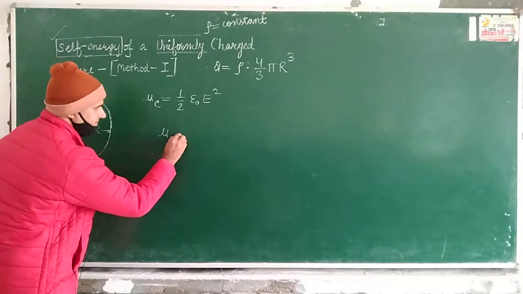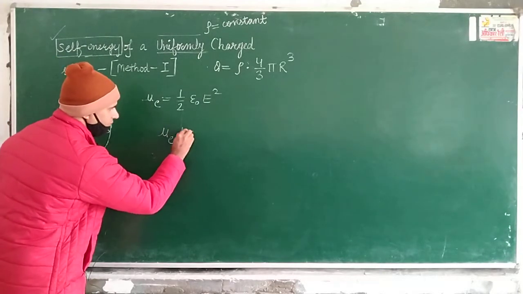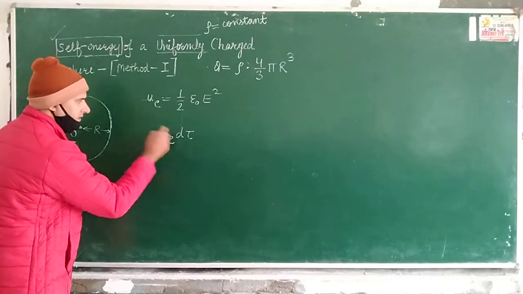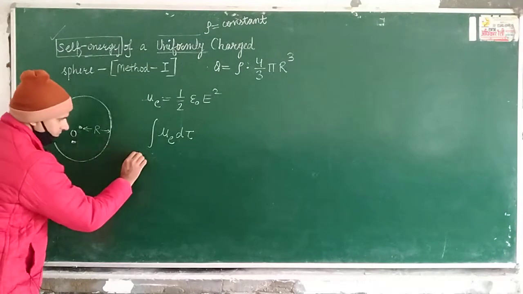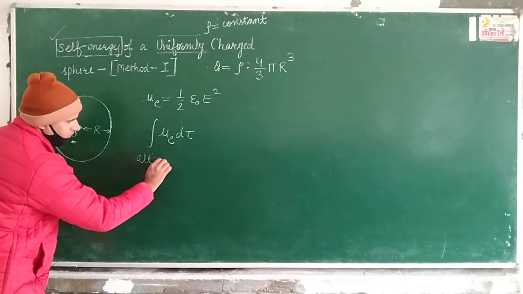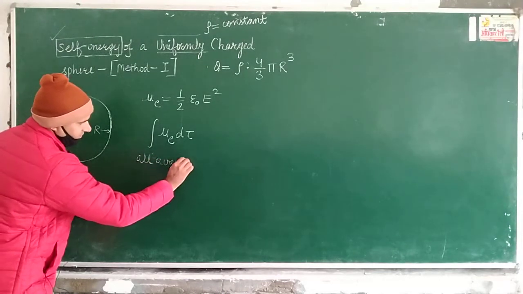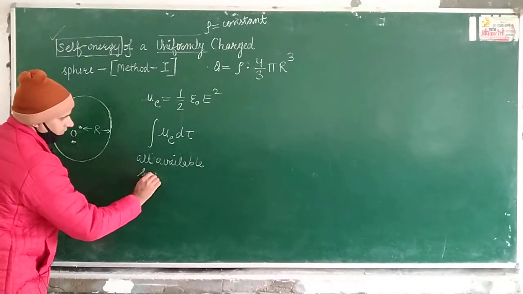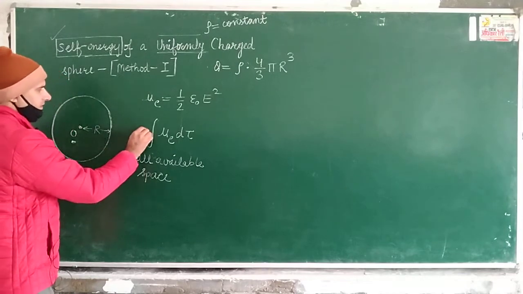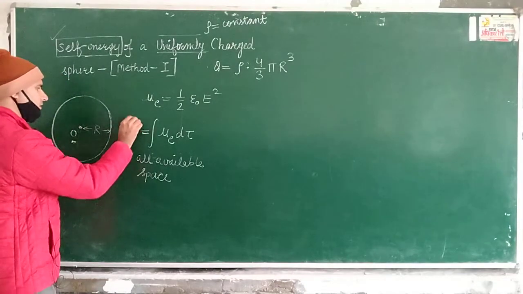This is the energy density and this is the volume element d tau, and we will integrate it over all available space, wherever your electric field is, and this will give you the total energy.